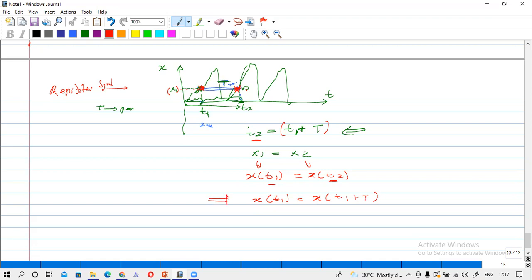Did you understand this? Any problem with this equation?